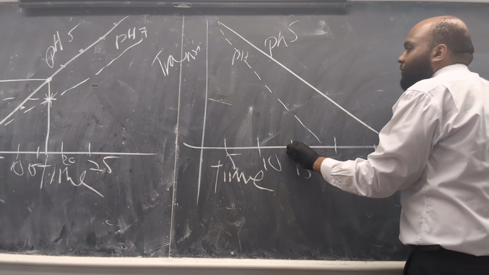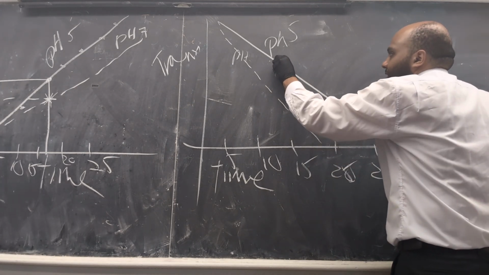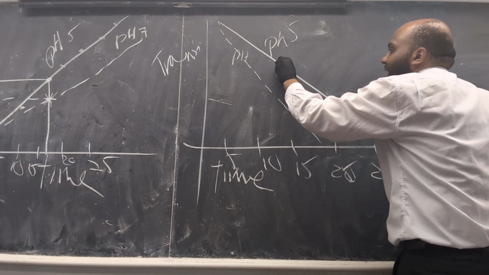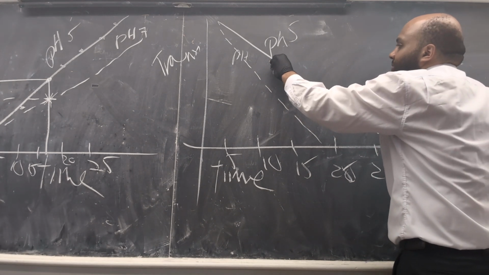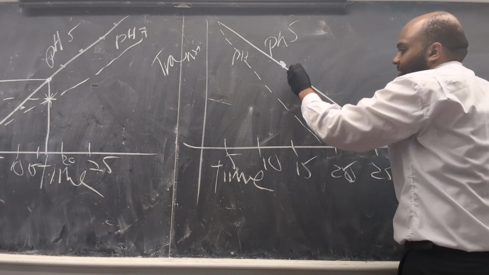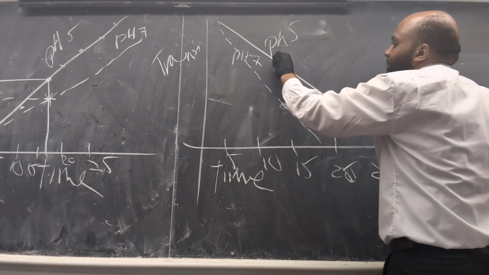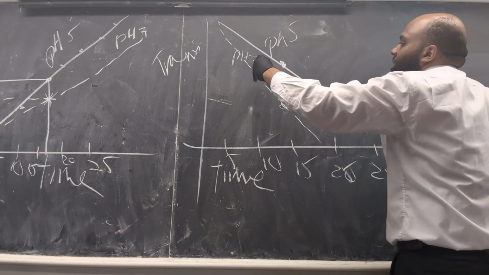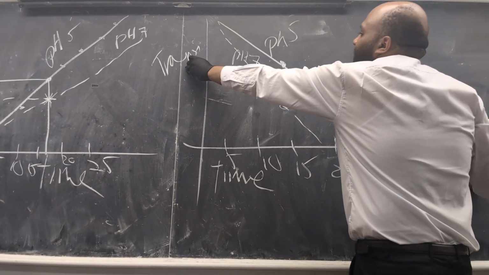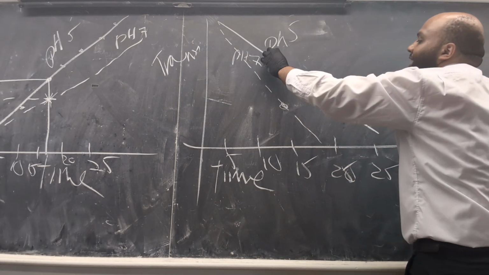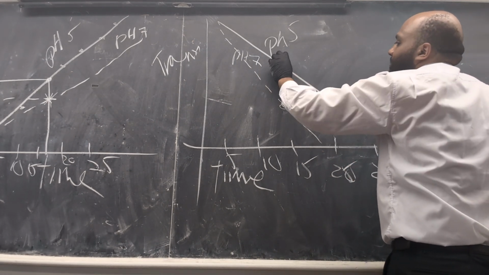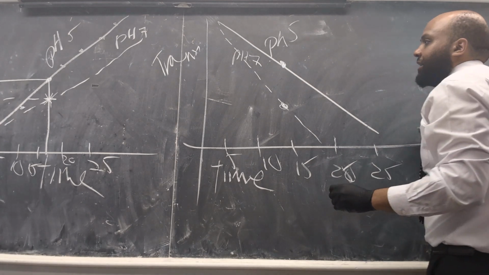But when you compare at 15 minutes, at pH 5 you're transmitting less light than at pH 7, which shows you at pH 5 you have more substance impeding the passage of light than at pH 7.